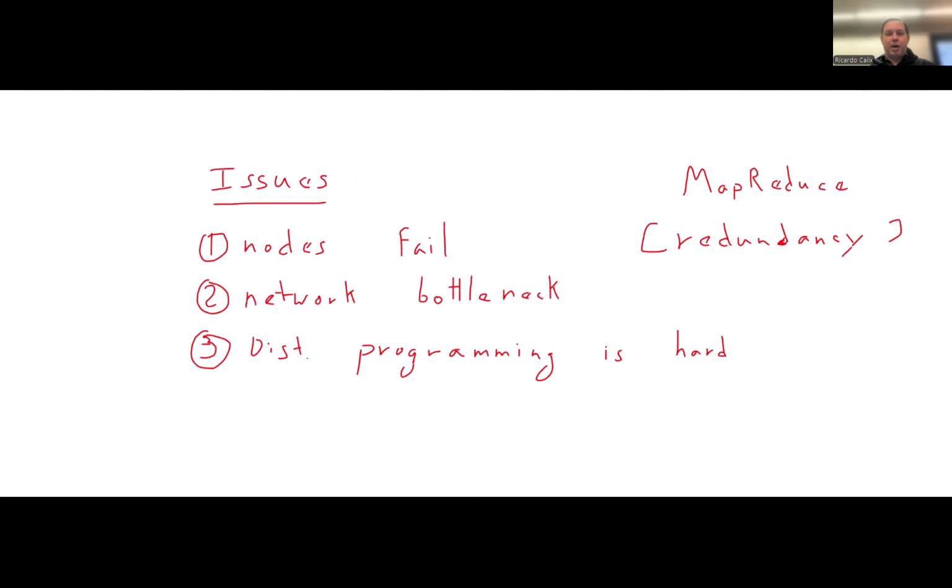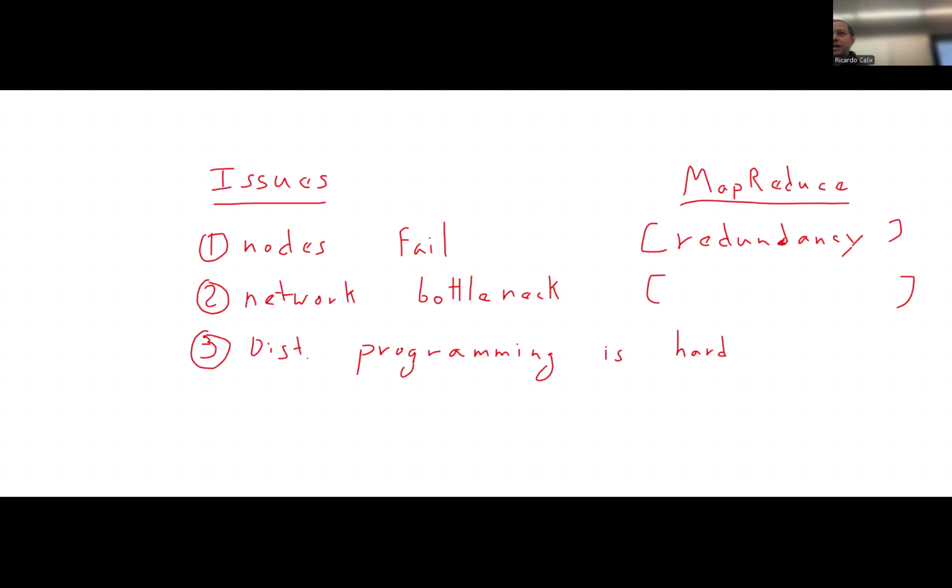The next problem is network bottleneck, right? MapReduce addresses that by moving computation close to data to minimize data movement. So instead of moving all the data from one computer, you move the program to the computer. You have a script that does the logic of taking the data, processing it, and producing a result. That's the software, the program.